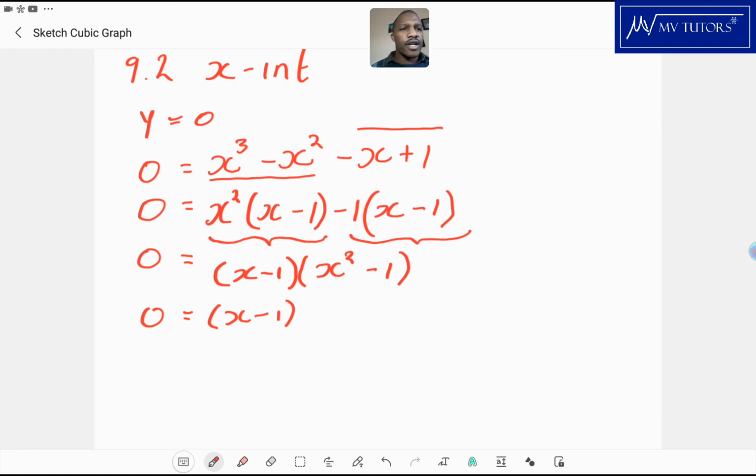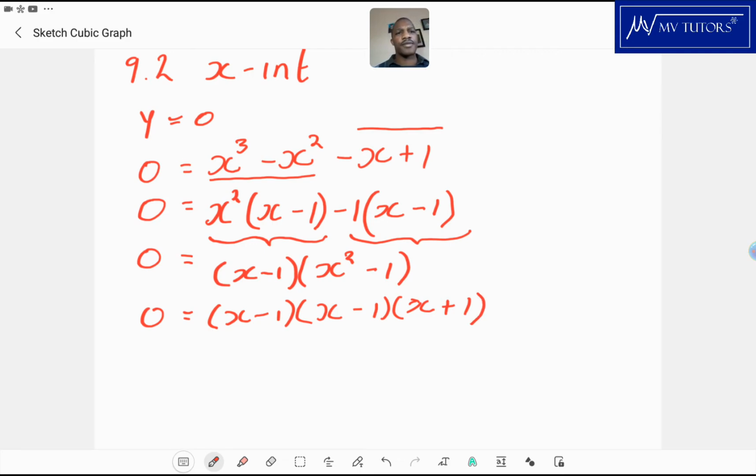Now this second one here is actually what we call a difference of two squares, where the variable is squared, but also the value is also squared. Okay, so it means it's x minus 1, x plus 1.